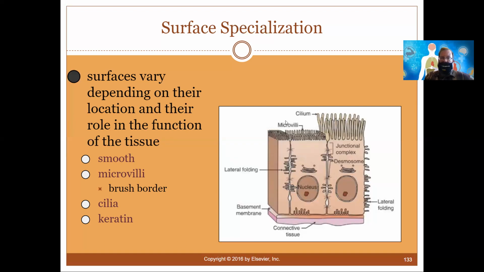These oftentimes have, again, more absorption and secretion. Goblet cells are oftentimes contained with simple columnar epithelium. Simple columnar epithelium, again, oftentimes found throughout the intestinal tract as well, along with simple cuboidal.